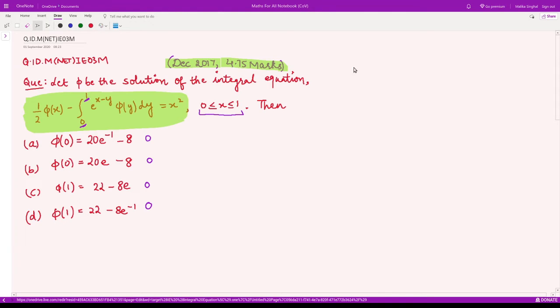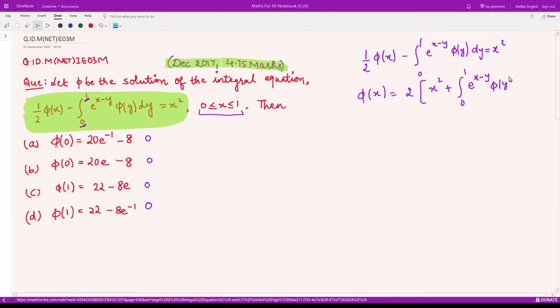Let us get started. So let the equation 1 upon 2 phi of x minus integration from 0 to 1 e to the power x minus y phi of y dy is equal to x square be rewritten as phi of x is equal to 2 multiplied by x square plus integration 0 to 1 e to the power x minus y phi of y dy, right?